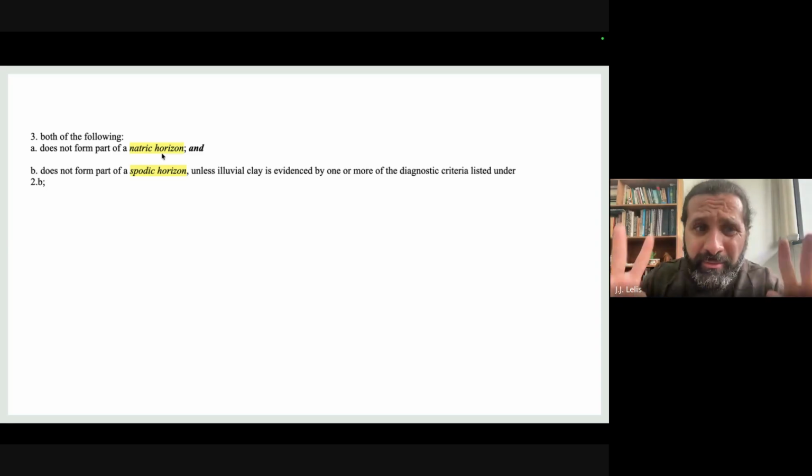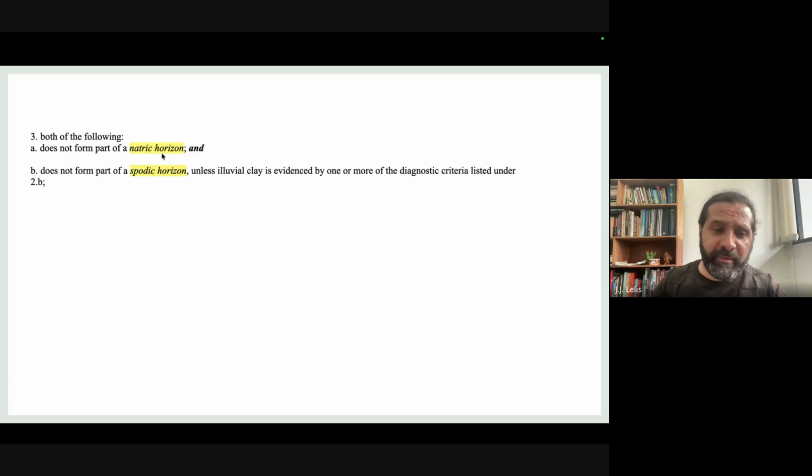Why am I saying that it's more important? Because the natric horizon expresses more complex processes, okay? We will see in the next few slides. This natric horizon expresses that the soil suffered other kinds of processes, not only clay illuviation or clay destruction or clay production or eluviation. And because of this, it's more important to consider another name, another diagnostic horizon, okay?